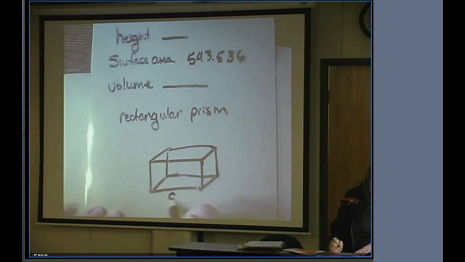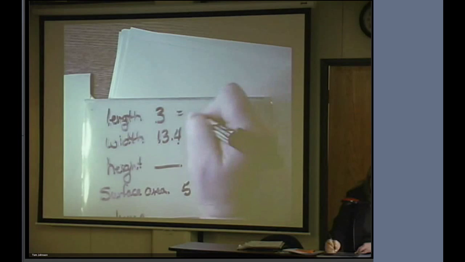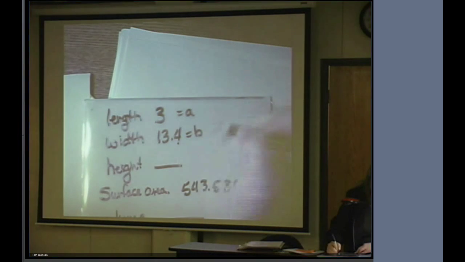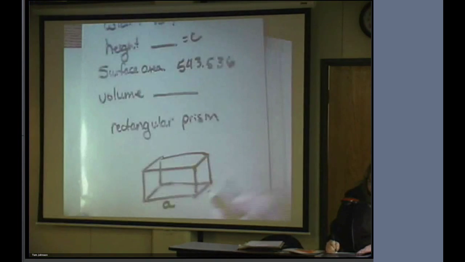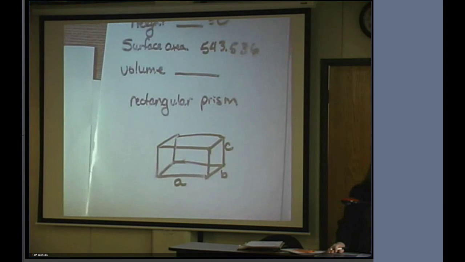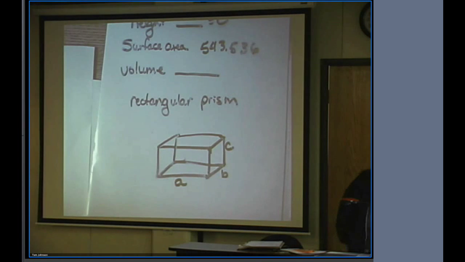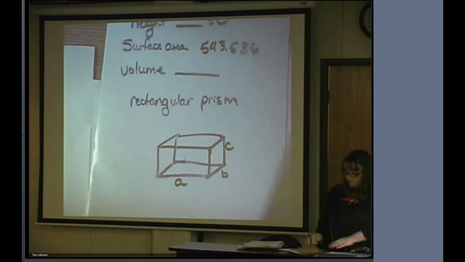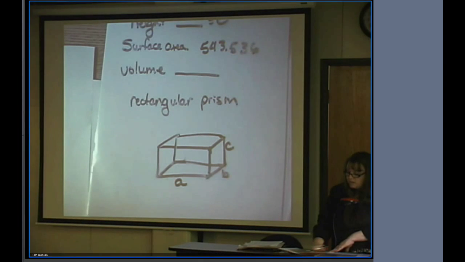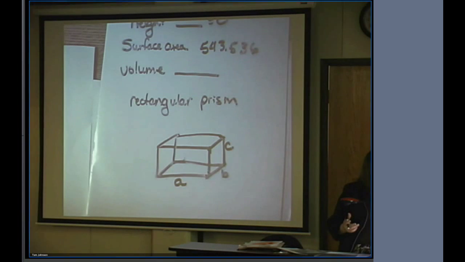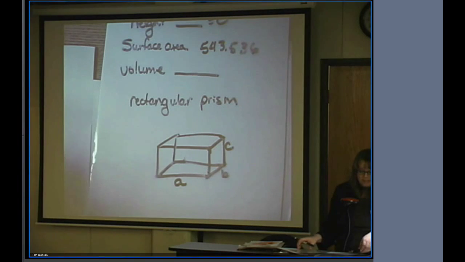I'm going to call that A. The width I'm going to call B. And the height I'm going to call C. Okay. And so basically what I'm going to do is I'm going to unfold this. And when I unfold it, basically, what would I need to cut out in order to fit it all together? Now, I can draw this as a net where everything's connected together, or I can draw it separately. I'm going to draw it separately so that we can see the different parts.